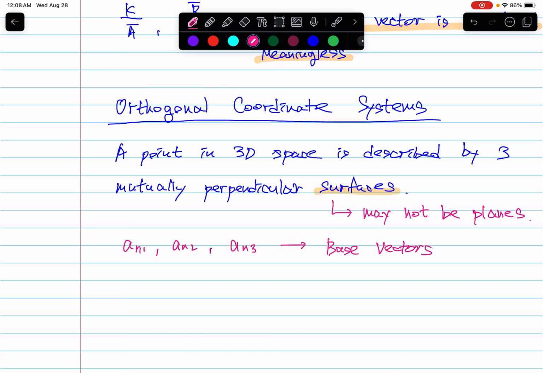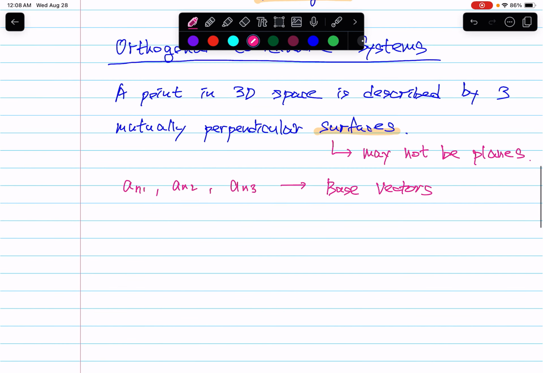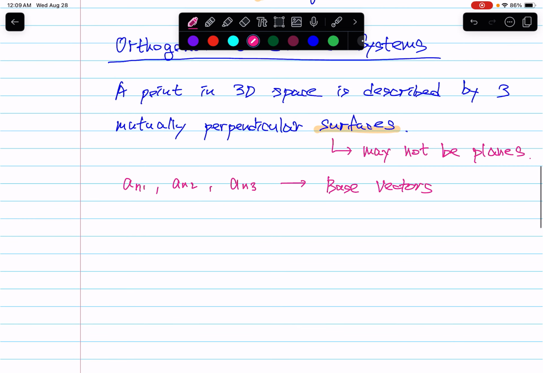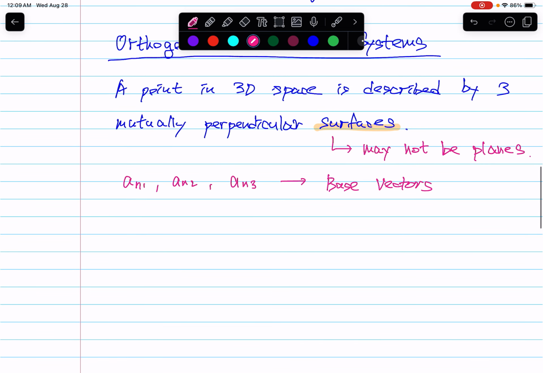But before we move on, let me just show you the properties of the base vector. So these guys, a_n1, a_n2, and a_n3 are orthogonal, meaning that if you do a cross product, let's say if you do a_n1 cross a_n2, that would become a_n3.